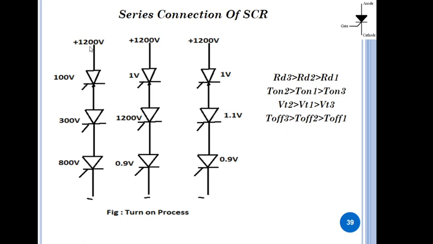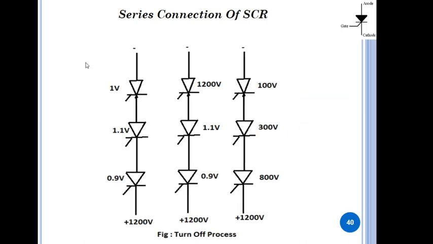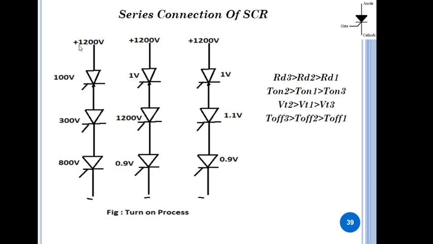I have considered the forward voltage as plus 1200 volt. This voltage is applied to the string, so the positive 1200 volt is connected to the anode of the series, and the cathode of the series becomes negative. You know that during the forward blocking state, when all the SCRs are in the off state, the voltage across the SCRs is maximum, and whatever voltage we apply from the input side is shared by each SCR.